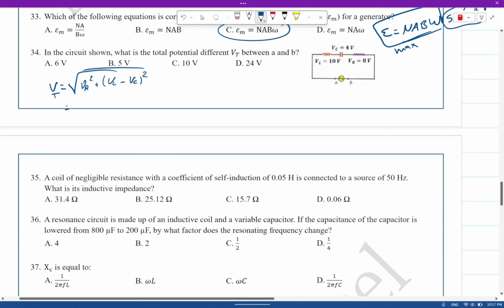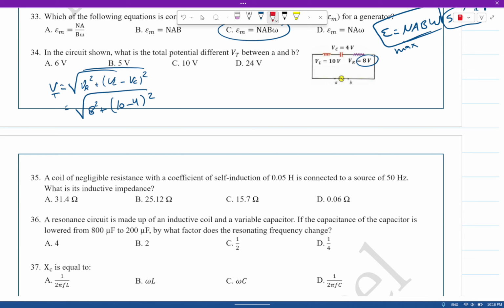So what is VR? That is 8, so 8 squared plus VL, which is 10, minus VC, which is 4, the whole thing squared.